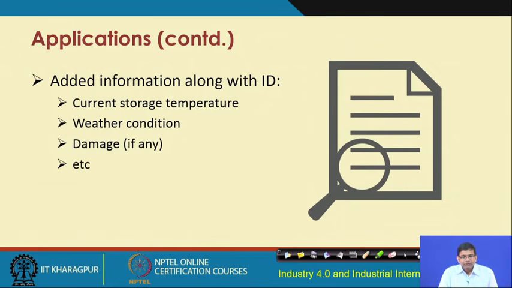There are other different applications such as weather condition monitoring, damage assessment, storage temperature monitoring and control. These are also other applications of the use of IIoT in inventory management and control.